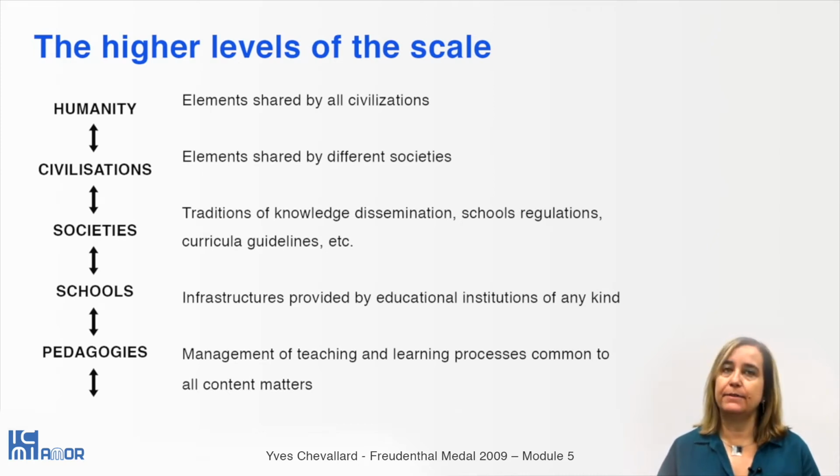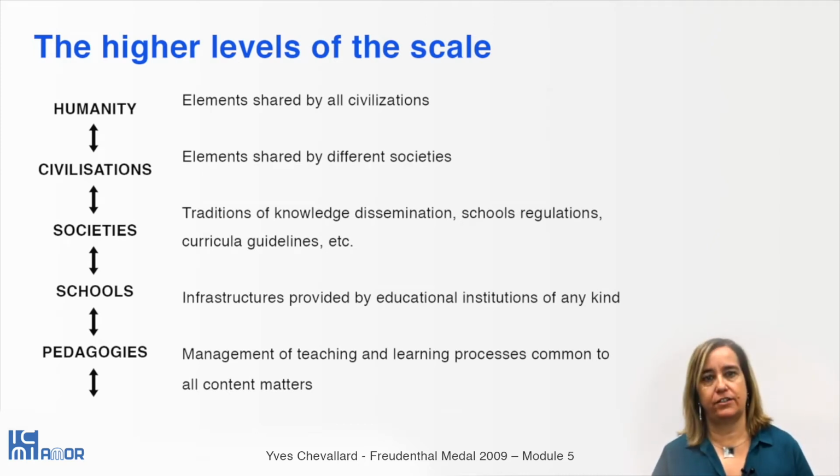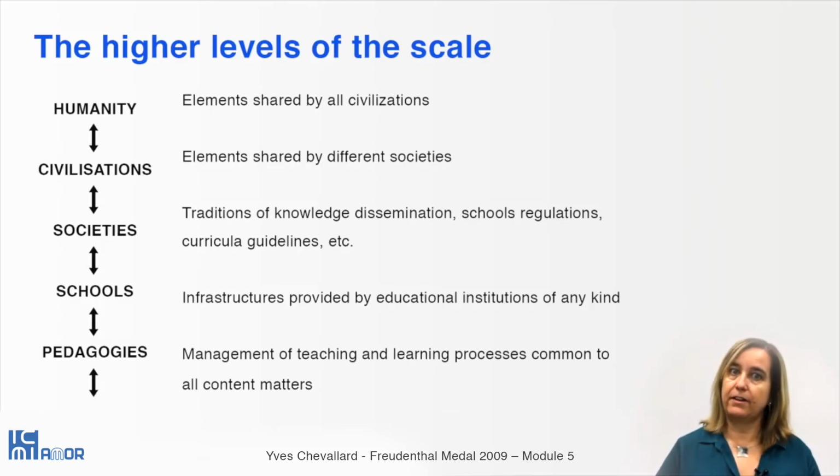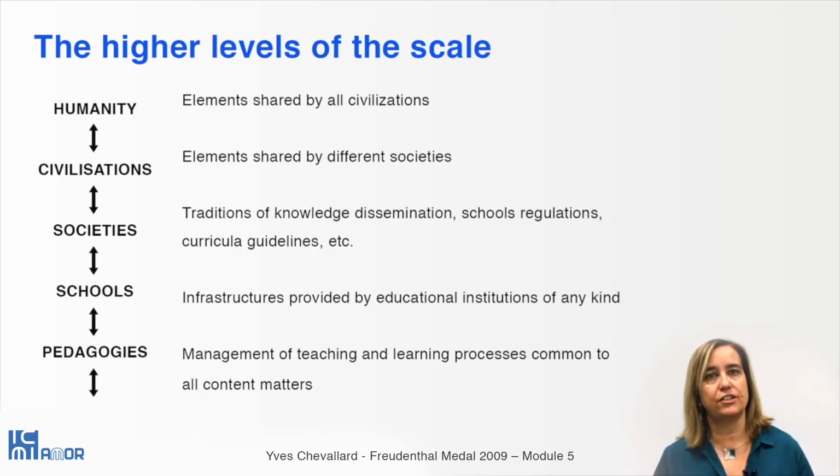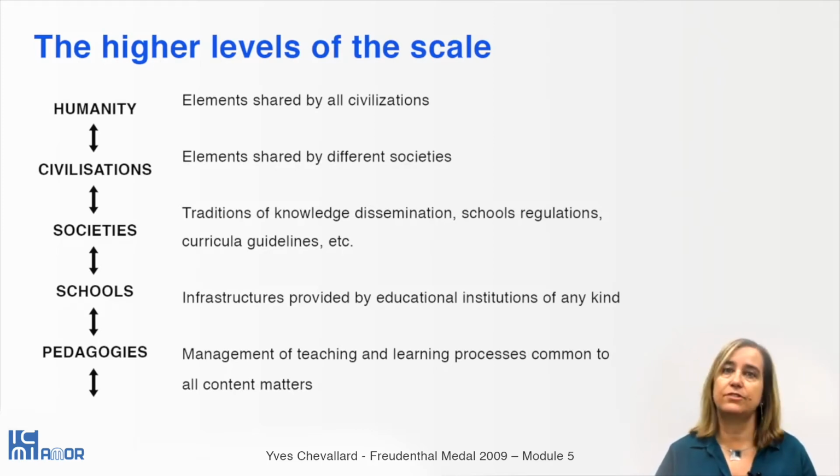Humanity includes elements shared by all civilizations. In the level of civilizations, we have the elements shared by different societies. Then, in the level of societies, we can include traditions of knowledge dissemination, school regulations, curricular guidelines, etc. The level of the schools corresponds to all the infrastructures provided by educational institutions of any kind.